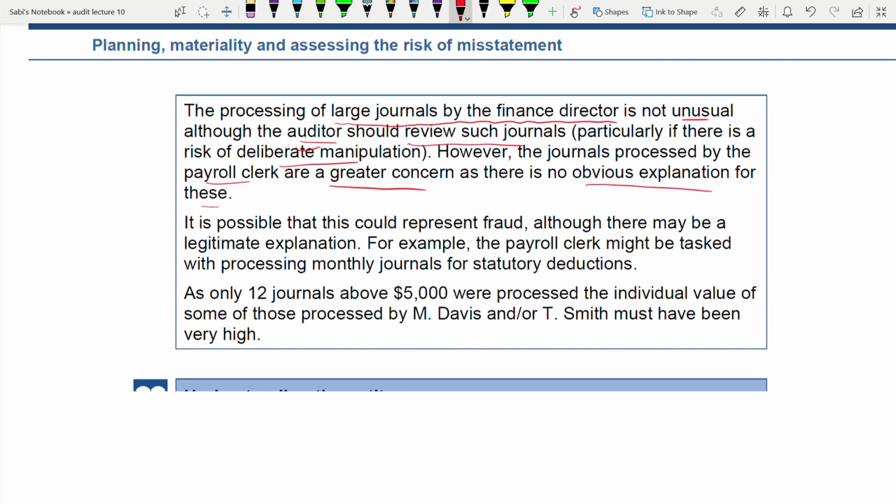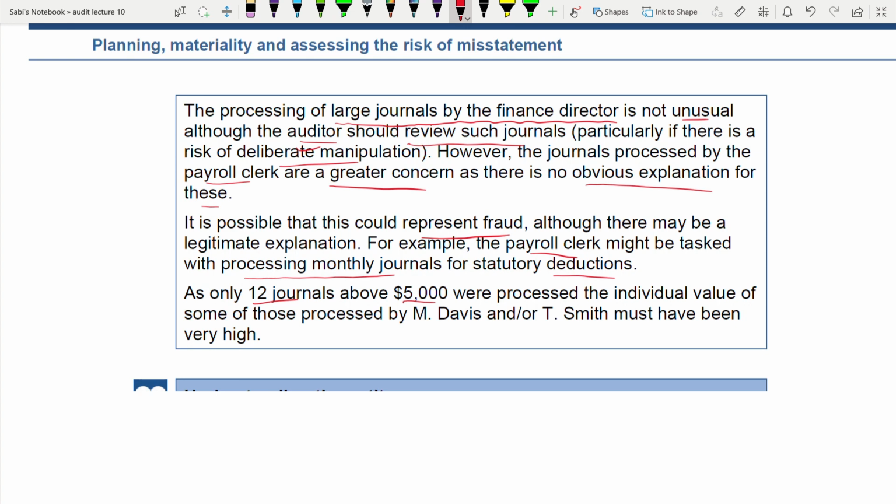There's no clear explanation and it is the highest amount. So this should be of greater concern to you because this is the area that could represent fraud, even though there might be a legitimate explanation, right? For example, the payroll clerk might be tasked with processing monthly journals for statutory deductions. And remember, there are only 12 journals above 5,000.